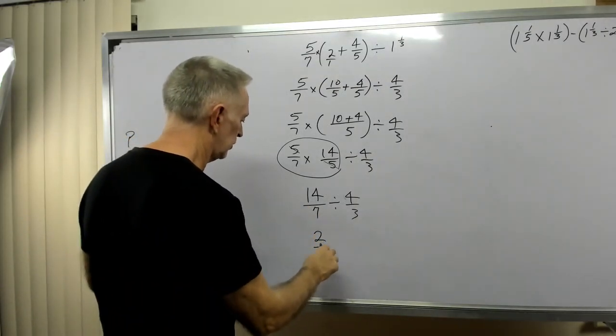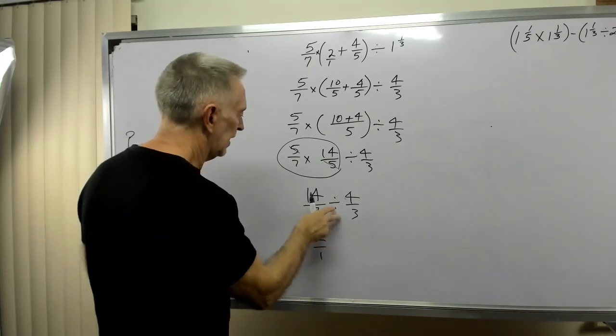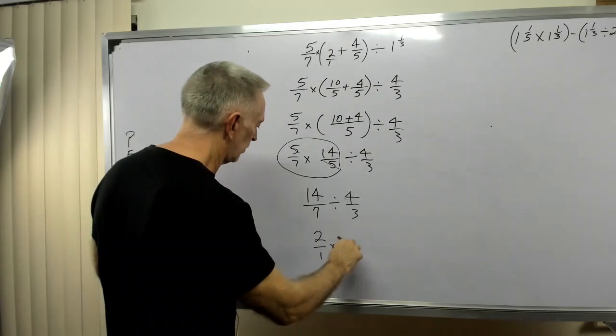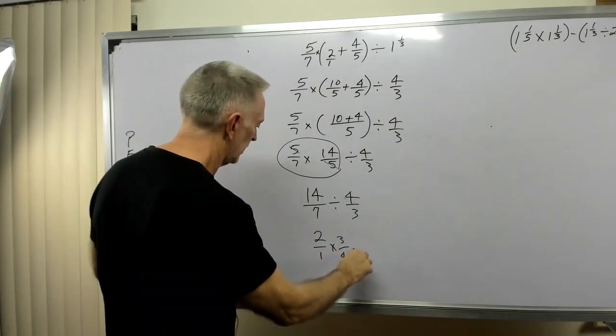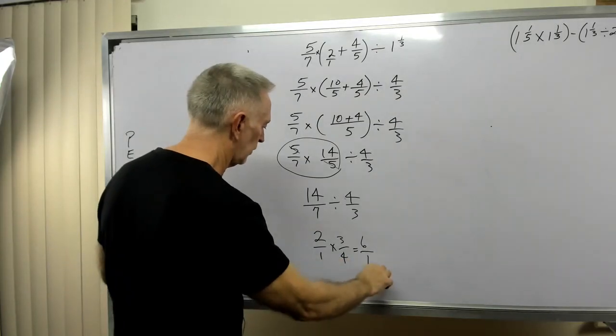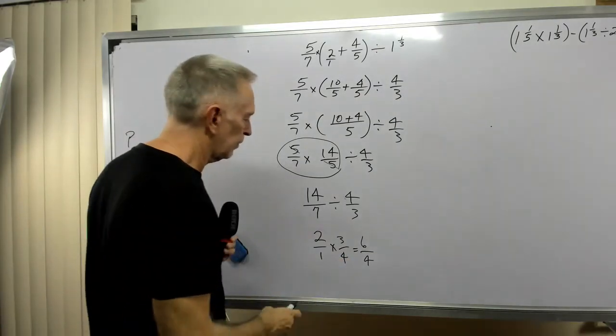So I end up with 2 over 1 divided by 4 over 3, which I'm inverting and multiplying, 3 over 4. And 2 times 3 is 6. 4 times 1 is 4. 6 over 4.